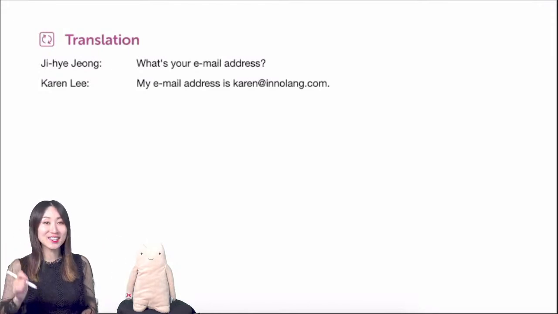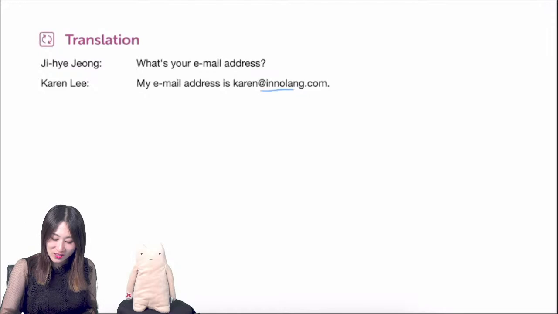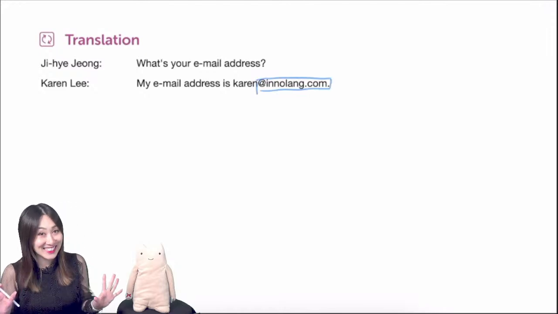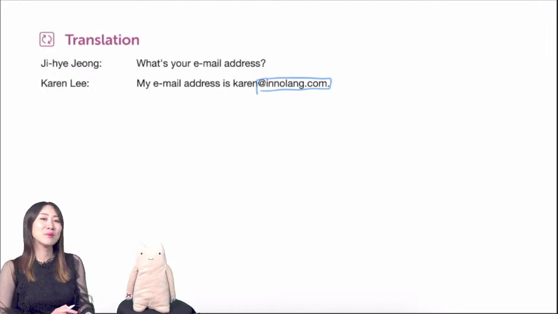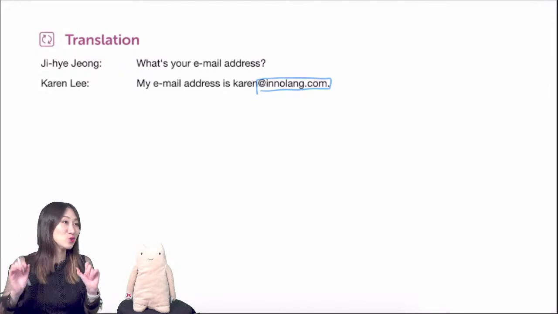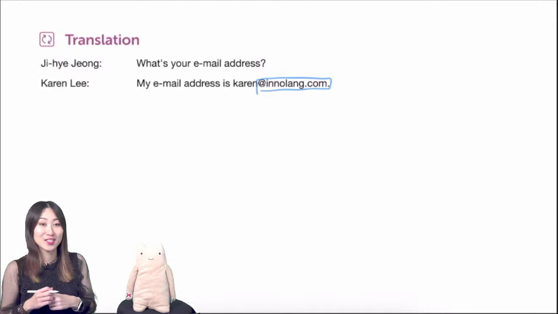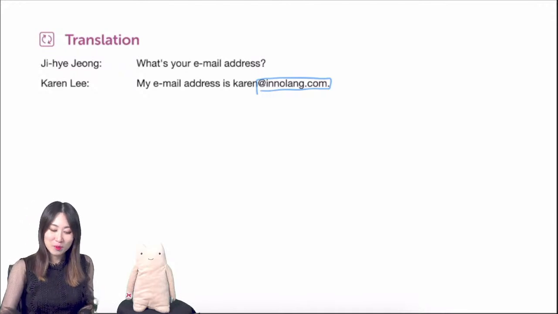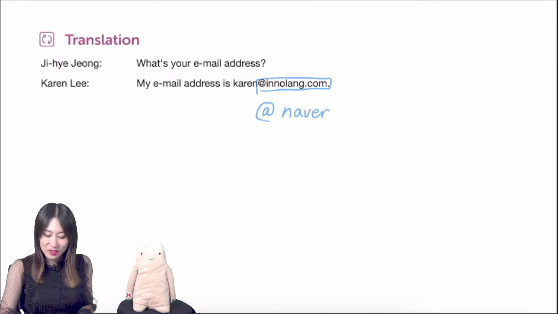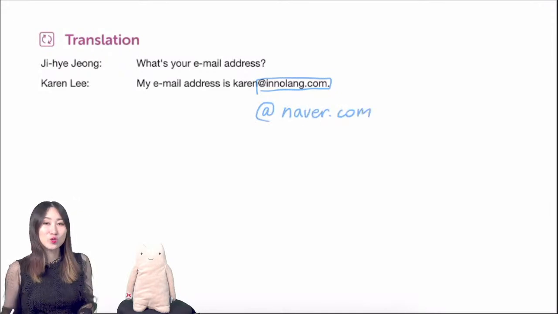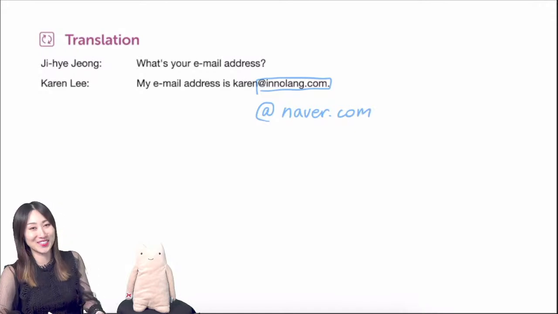Just as a quick tip, now they are using this email address, which doesn't exist. But what email domain is popular in Korea? Do you know any email domain in Korea? The most popular one is this. 짜잔. Naver.com. Naver is kind of like the Google of Korea.